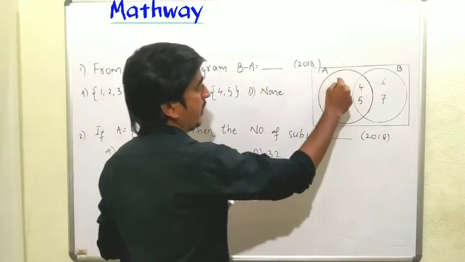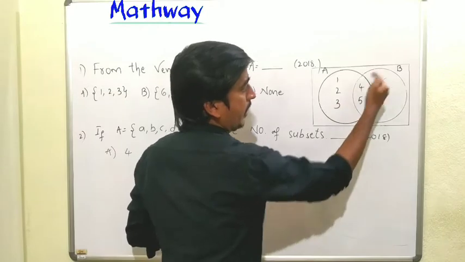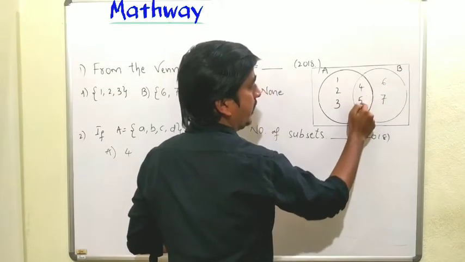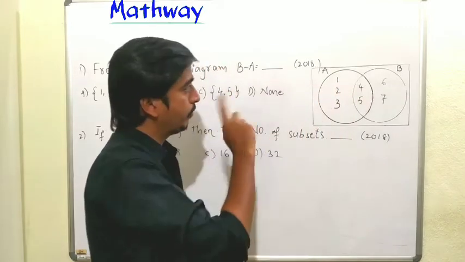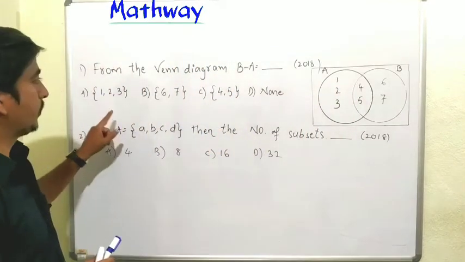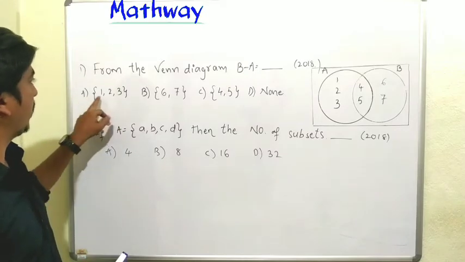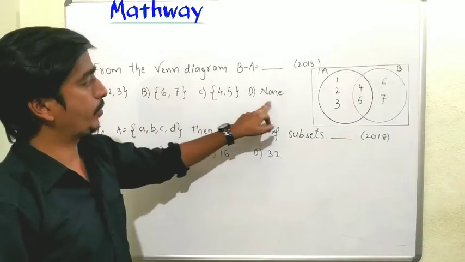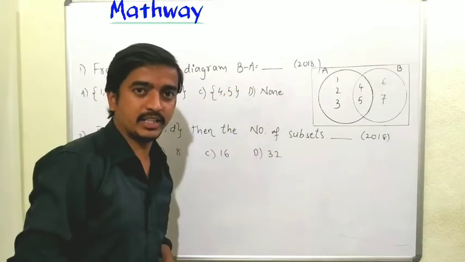In set A the elements are 1, 2, 3, 4. In set B the elements are 4, 5, 6, 7. The elements 4, 5 are common to both set A and set B. The options are A: 1, 2, 3, B: 6, 7, C: 4, 5, and D: none. How to find B minus A?